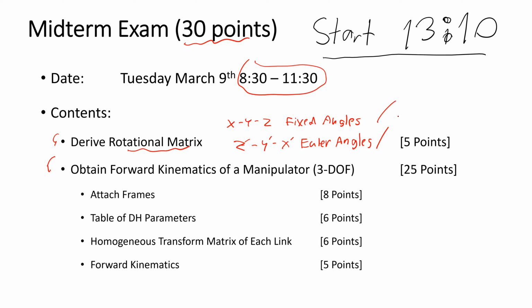You need to review how to derive the rotational matrix from rotating about the X, the Y, and the Z axis about the fixed coordinate, or rotating about the Z, Y, and X axis about the coordinate attached to the rotating axis. This takes only 5 points. We give only 5 points for part 1.